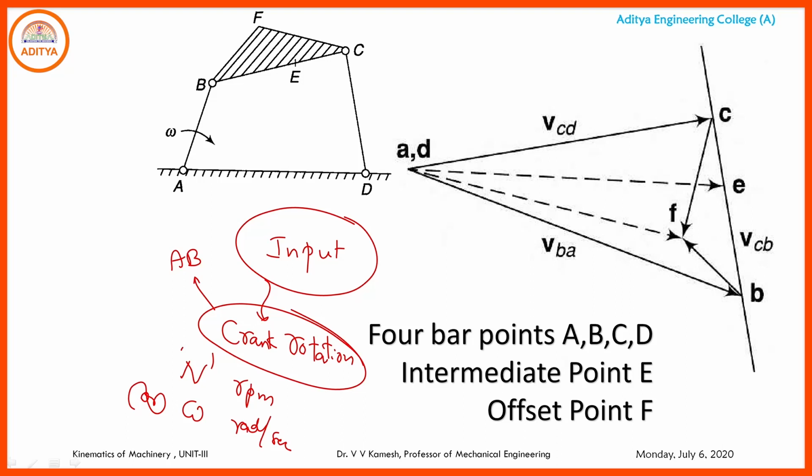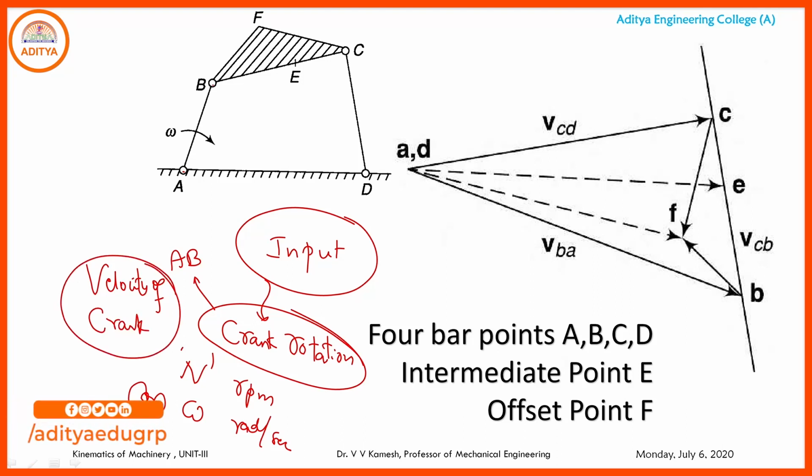Once the crank rotation and the crank length are given, when angular velocity and length are given, we are able to identify the velocity of the crank, that means the velocity of any point on the crank.